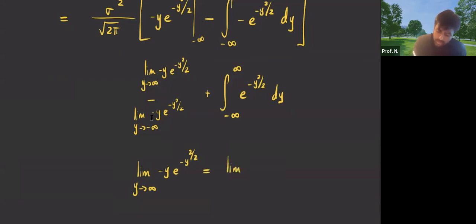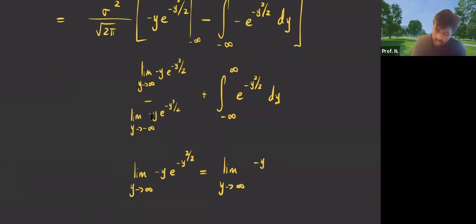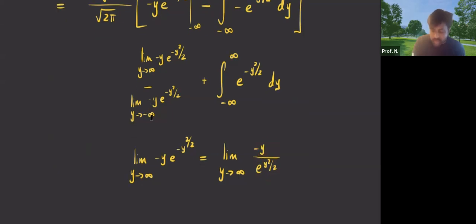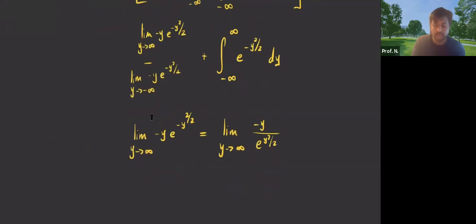You can write this as the limit as y goes to infinity of negative y over e to the y squared over 2. When y goes to infinity, the denominator goes to infinity, and the numerator goes to negative infinity. This is one of those instances where you can apply L'Hopital's rule. Or you can say this is an exponential function and this is a linear function, and you're going to infinity.